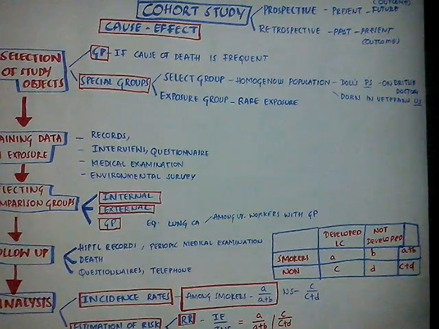Whereas in radiologists, the exposure is rare, so we compare the cohort of radiologists with a cohort of ophthalmologists. If none is available, then we go for general population. Example, comparison of lung cancer among uranium workers with that of general population.